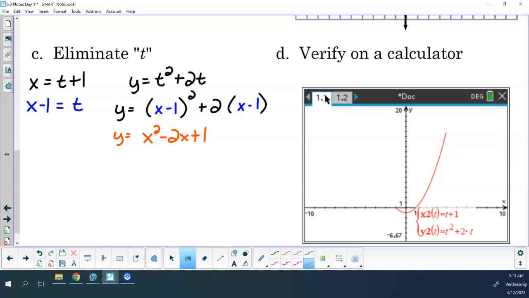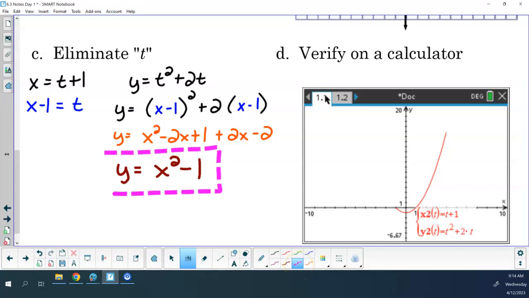Okay? Don't just square and square. Remember, got to multiply it out. Distribute here, I get 2x minus 2. All told, if I could simplify those, I get y equals x squared minus 1. And that would be me eliminating the parameter.